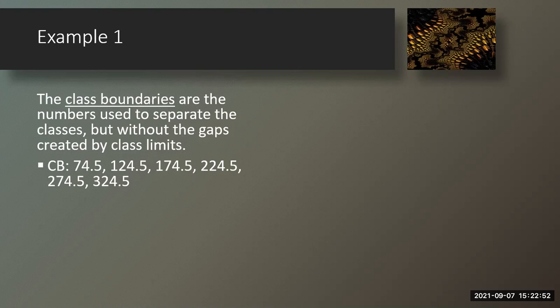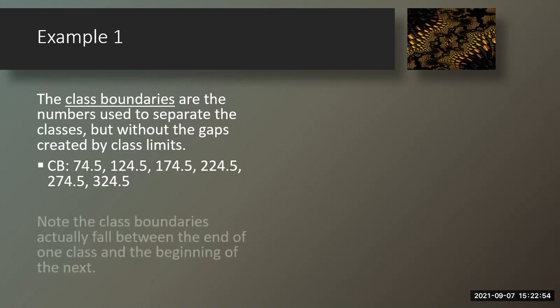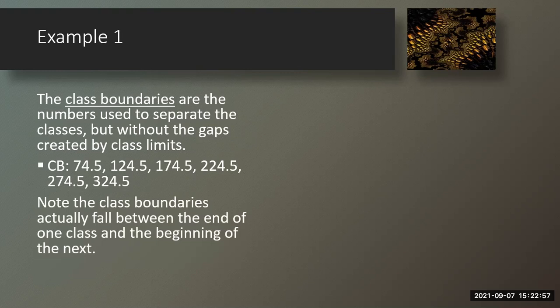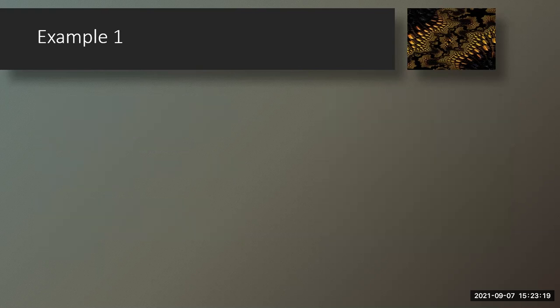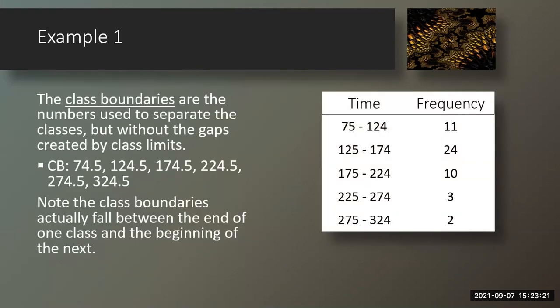I put those up there first because this is the one that honestly is a bit subtle. The class boundaries actually fall between the end of one class and the beginning of the next. When I take a look at my data, I can see, for example, the second class boundary falls between 124 and 125. Two confusing boundaries are the boundary that initiates the first class and the boundary that closes the last class.